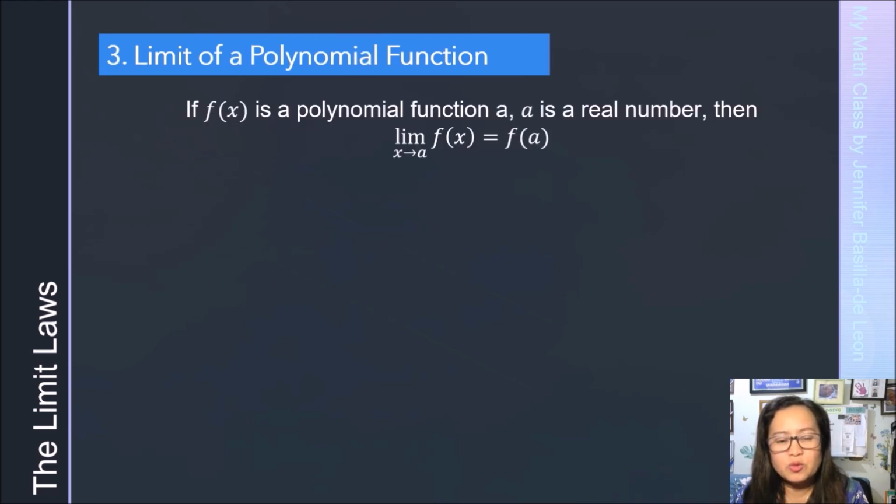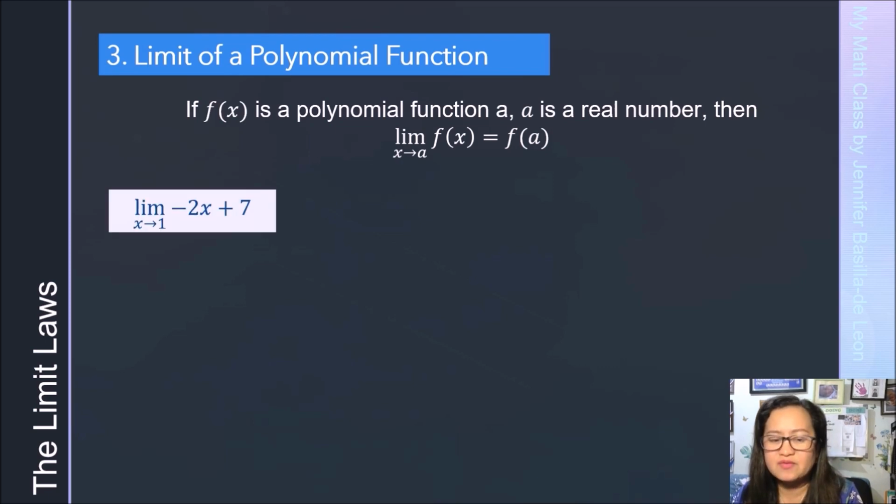Now what if we have a polynomial function? If f of x is a polynomial function and a is a real number, then the limit of f of x as x approaches a is just equal to f of a. So for example, the limit of -2x plus 7 as x approaches 1 can be evaluated through this solution.